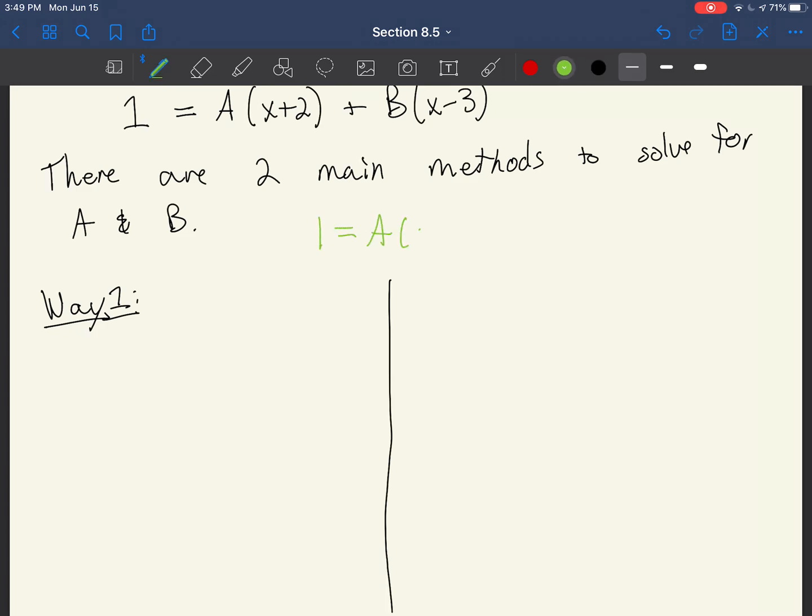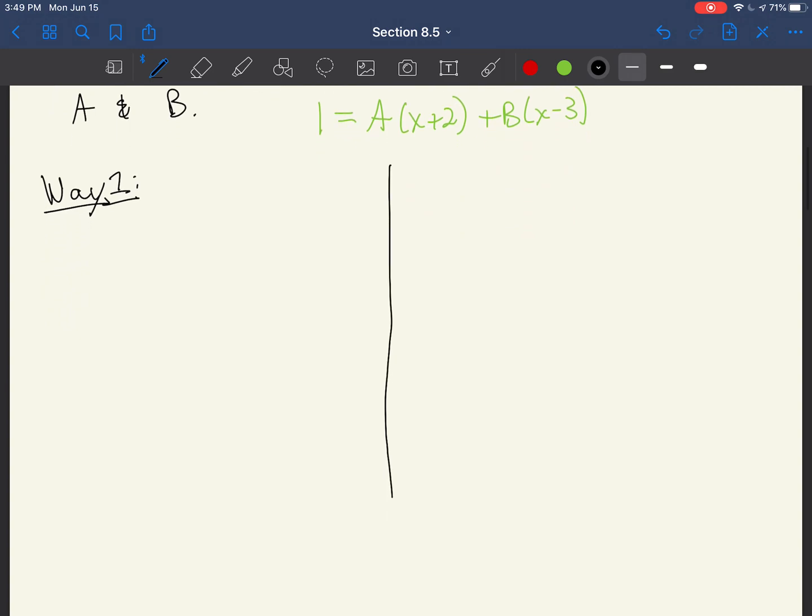So way number 1, let me rewrite this up here so I can scroll some. Okay, so way number 1 is this equation. This equation must be true for all x.